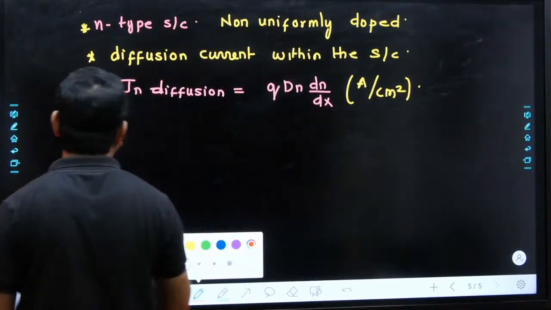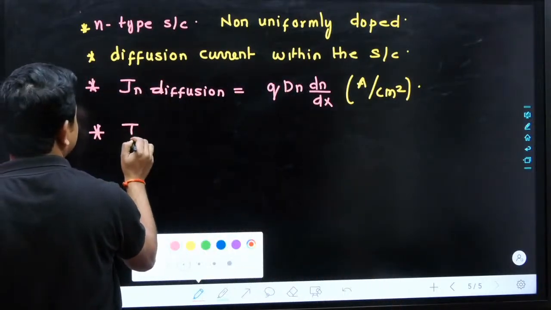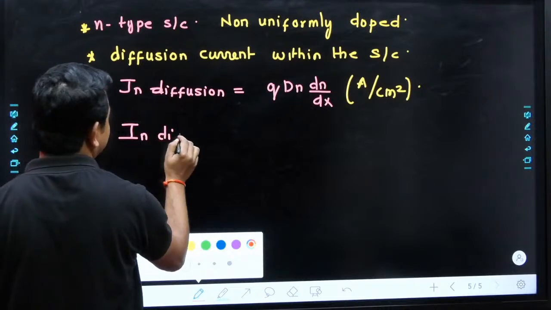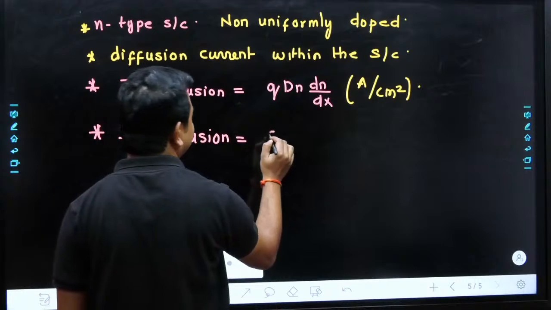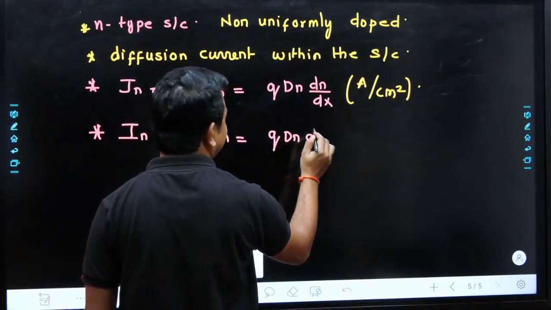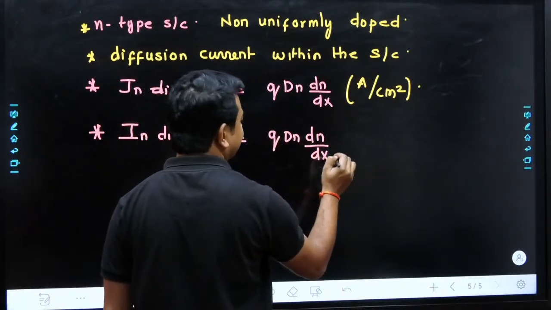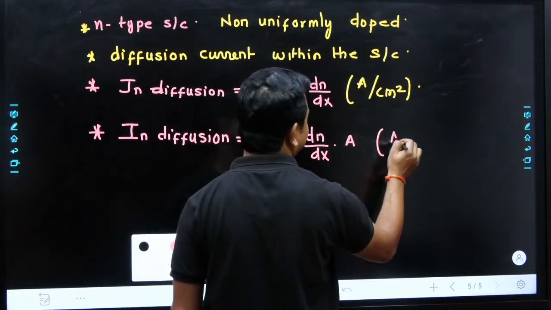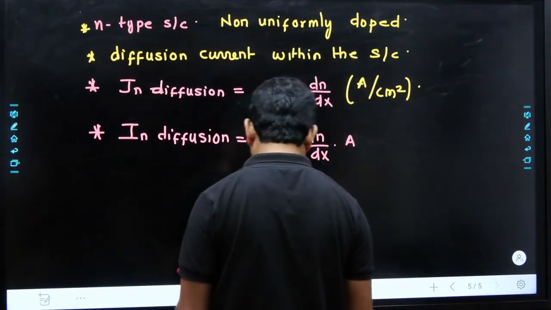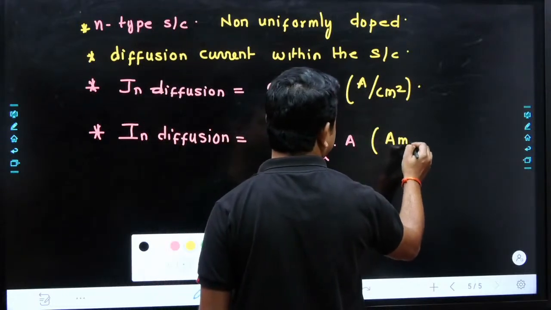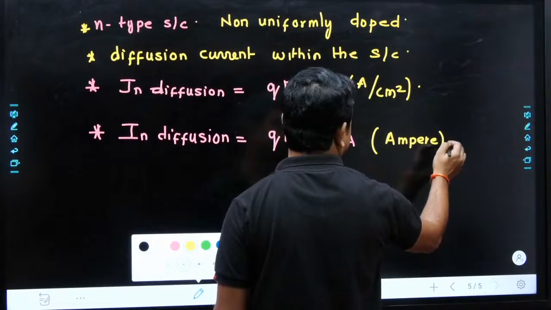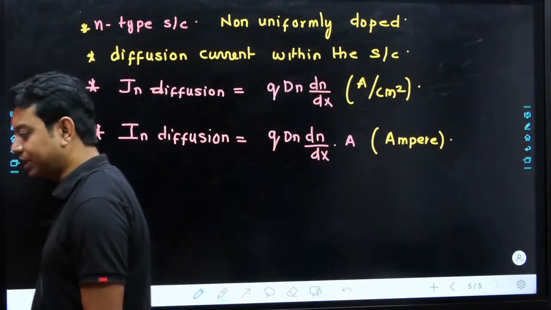We are having another equation, In diffusion, which is the similar one: q Dn dn by dx multiplied by A, the cross-sectional area, and the unit is ampere. So, these are the two things.